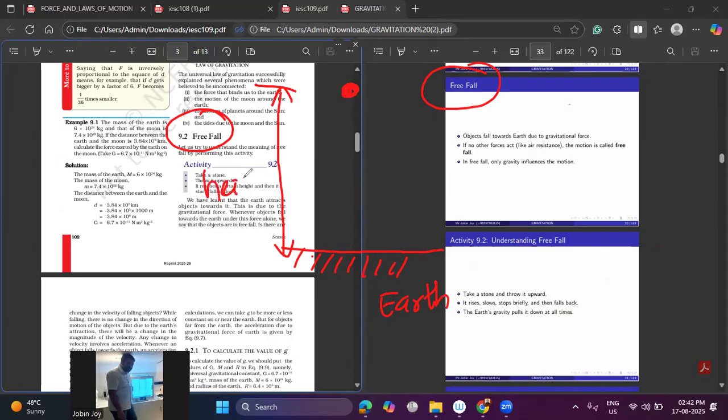When I release this object, what happens? This will fall towards the Earth, right? Because of the gravitational force.